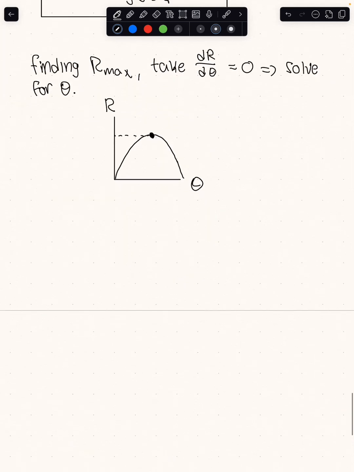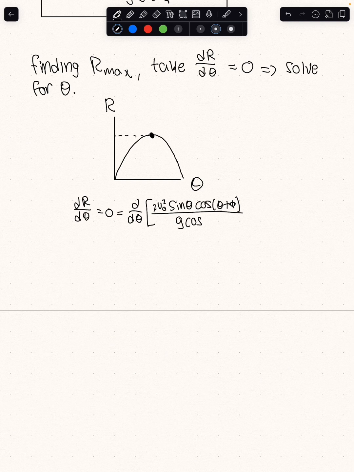All right, so doing dr d theta equals 0. That's going to be d d theta of our equation for r, which was 2 v naught squared sine theta cosine theta plus phi over g cosine squared phi.